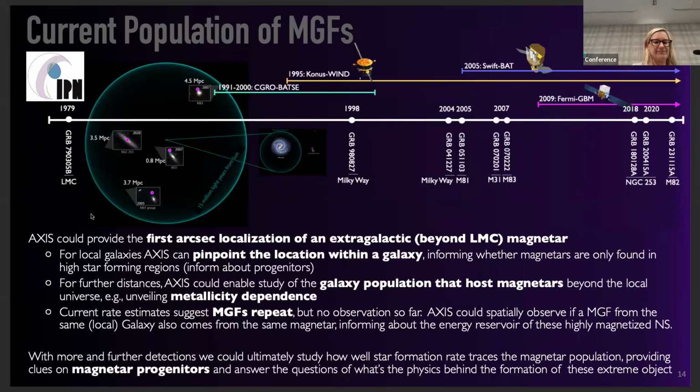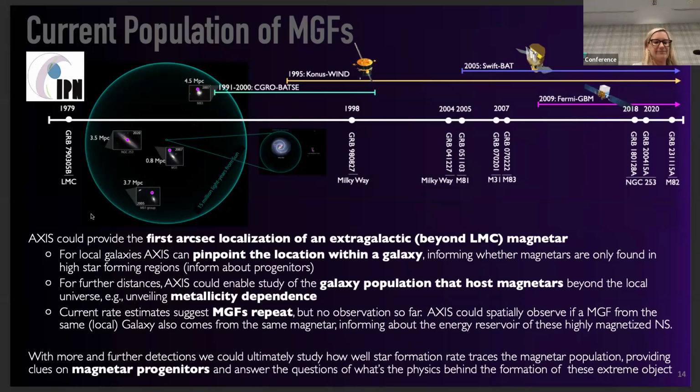from the same galaxy, and this happened from Sculptor just recently. So in that case, we would know, and we could tell if this is a repeating magnetar giant flare. And of course, this has implication on the reservoir of energy of highly magnetized neutron stars.